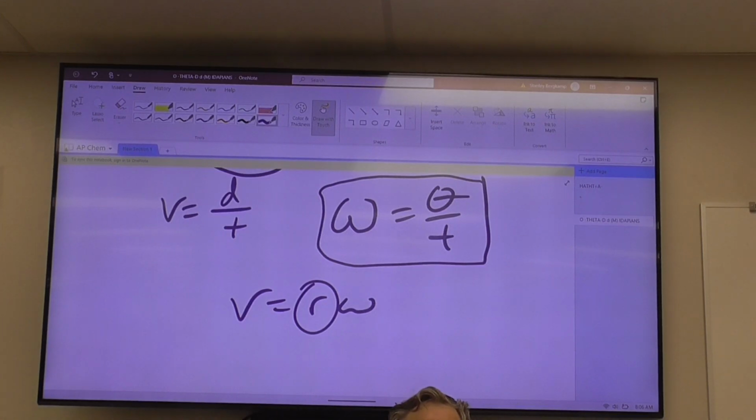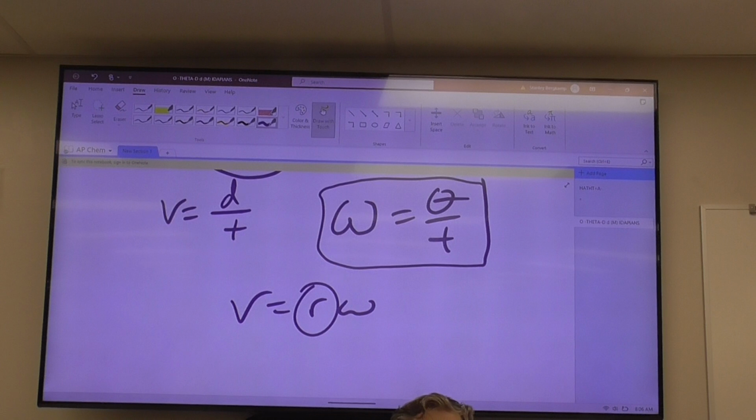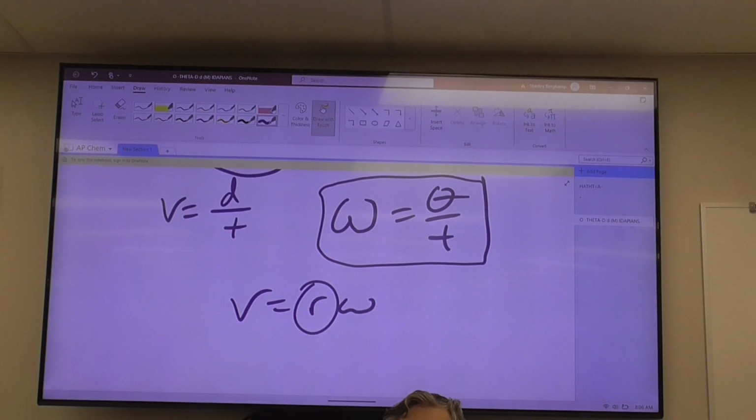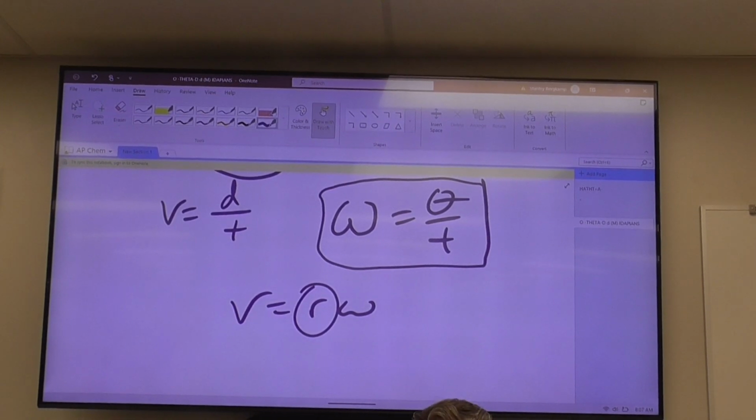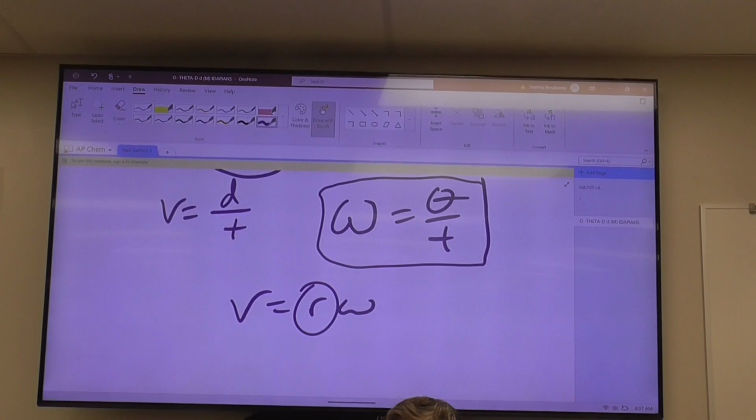Because the radius is bigger. Why do you have to move faster? Because it increases the speed. Because radius is bigger and omega is the same. Do they both have to travel around the circle in the same amount of time? Yes. But he has to travel a greater distance in the same amount of time, so therefore you have to be going faster. Okay?